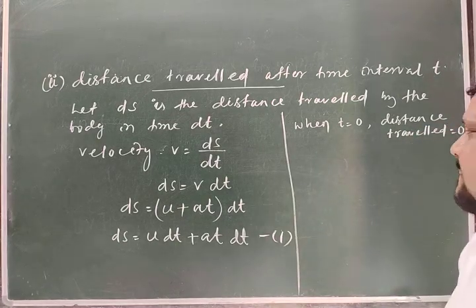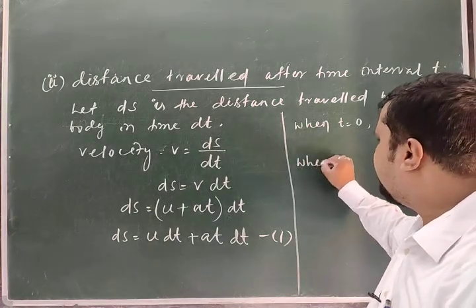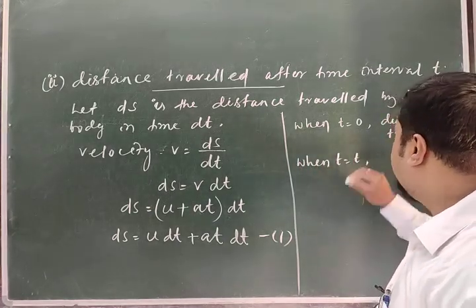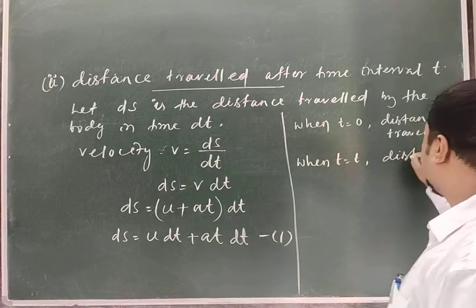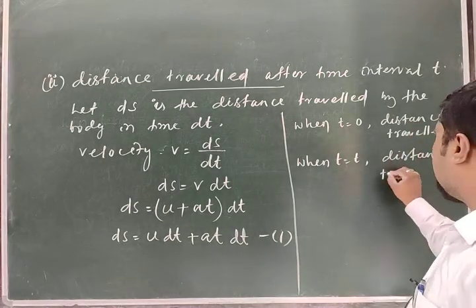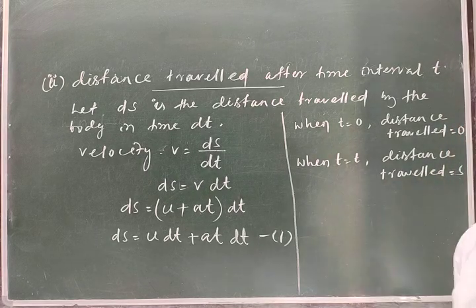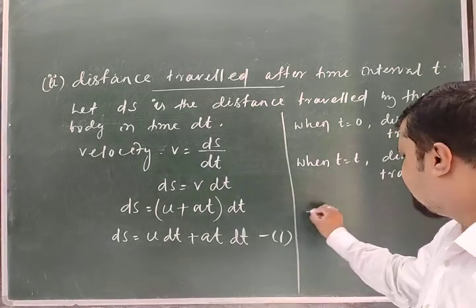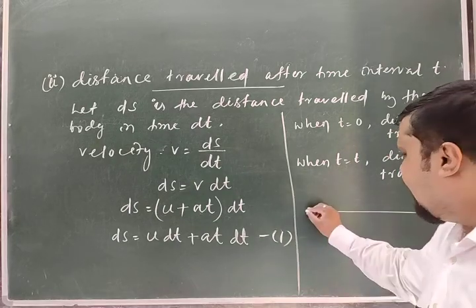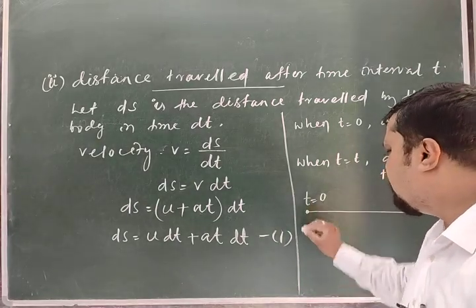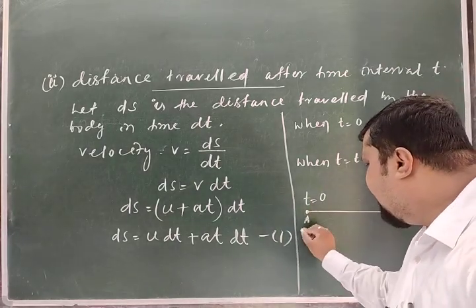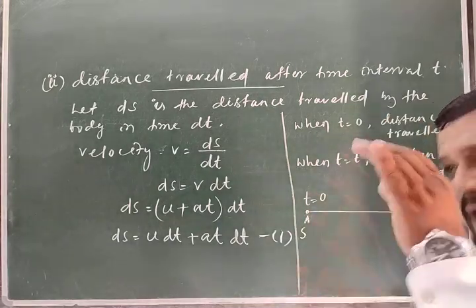Got it? Then when t is equal to t, the distance traveled is s. What is this concept? Let me start this one. At time t is equal to 0, the body is at the point A and you are standing here, at the origin.